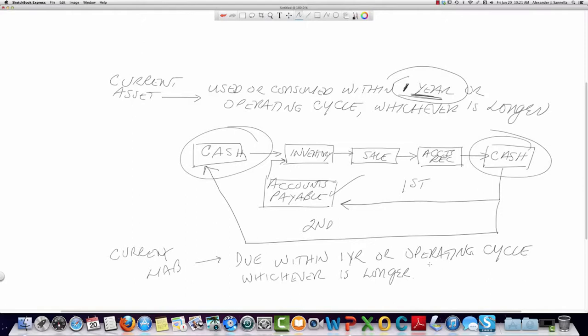Or another way to look at this, which I think is much more precise, they will use current assets or create other current liabilities in their liquidation, in their payment.